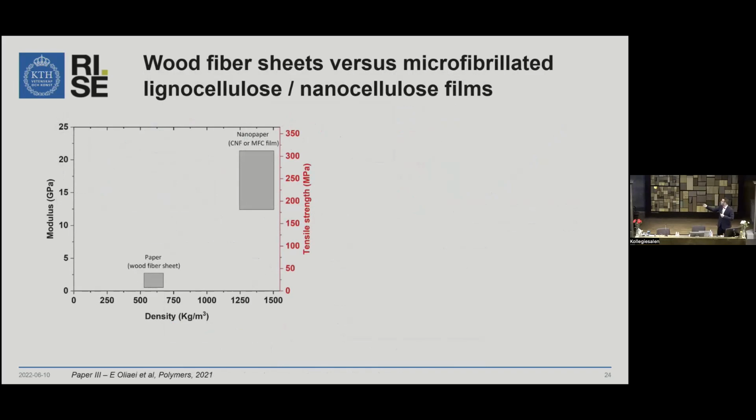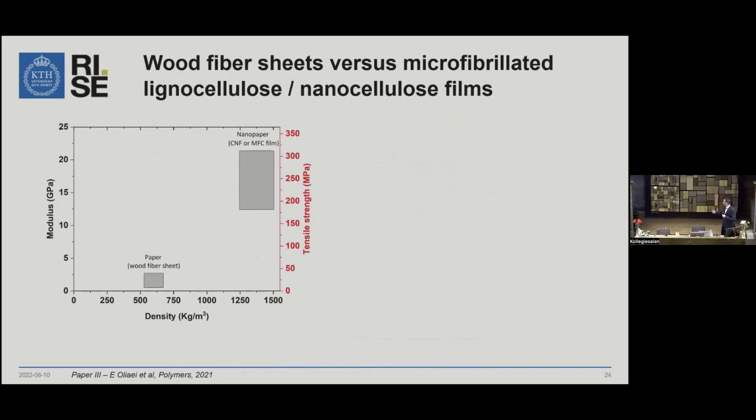In this plot, you see the typical modulus and strengths for a typical paper wood fiber sheet and also nanopaper. Obviously, the modulus and strengths for nanopaper are much higher.